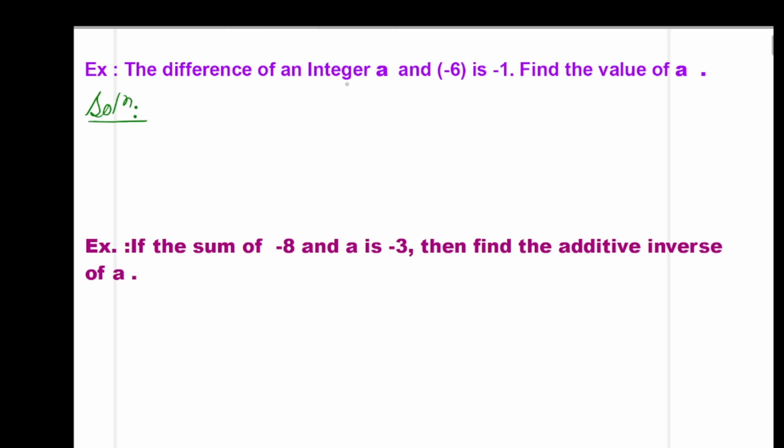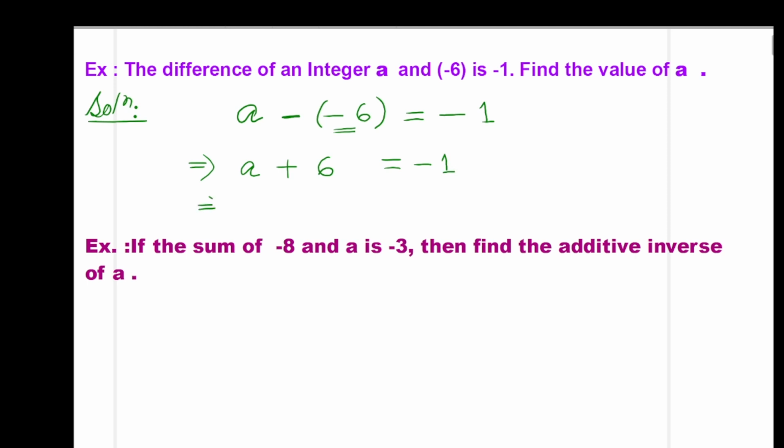The difference of an integer a and minus 6 is minus 1. So here we can write a plus additive inverse of minus 6, which is 6, equal to minus 1.